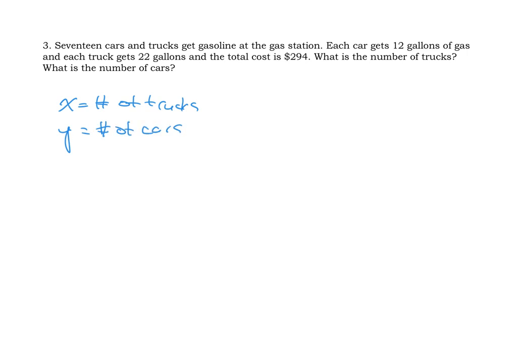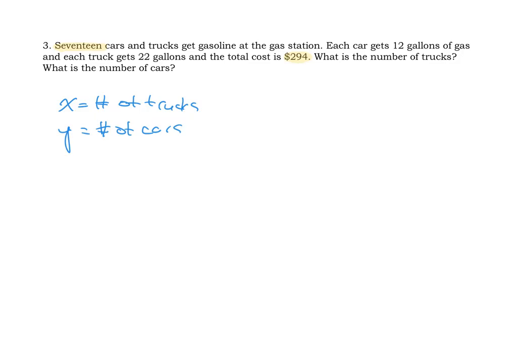Well, they're telling me that 17 cars and trucks get gasoline, and the total cost is $294. So again, I'm going to have an equation that has to do with the numbers of cars and trucks together and the total cost together.